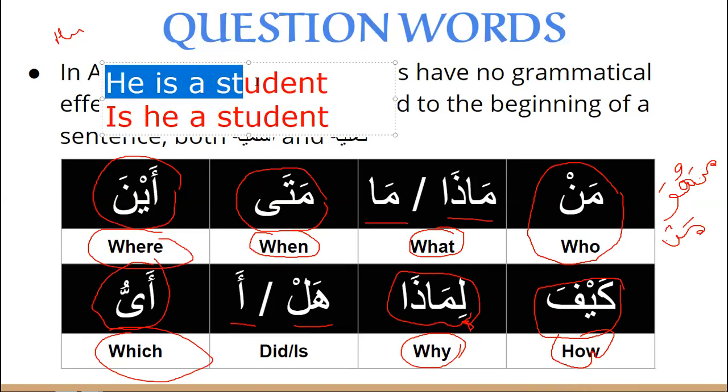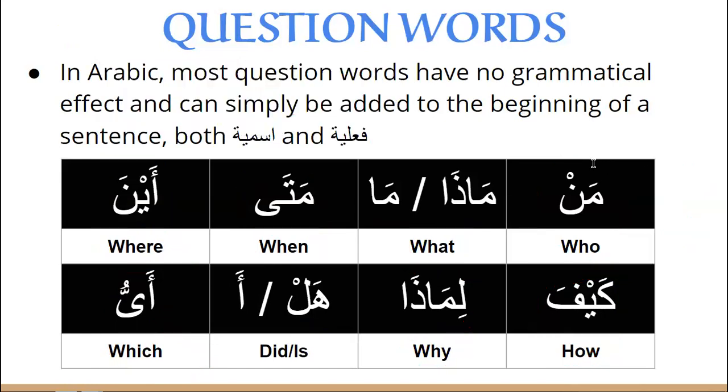He is a student, huwa talib, stays the same. We just add a or hal at the beginning, and it becomes a question: a huwa talib, or hal huwa talib. So it's pretty simple. You just have to memorize those words.